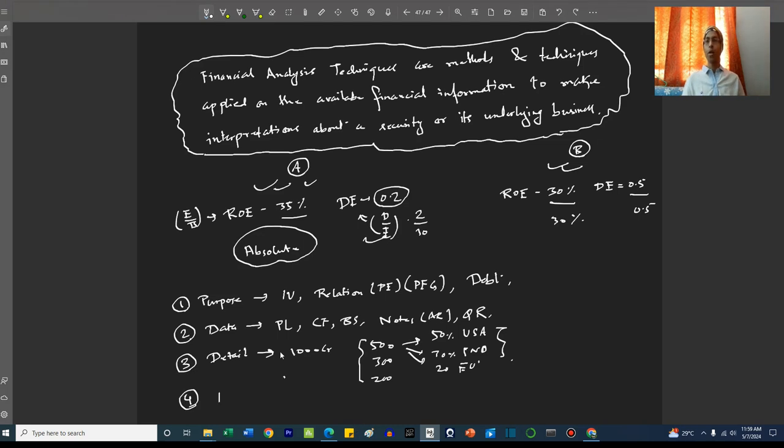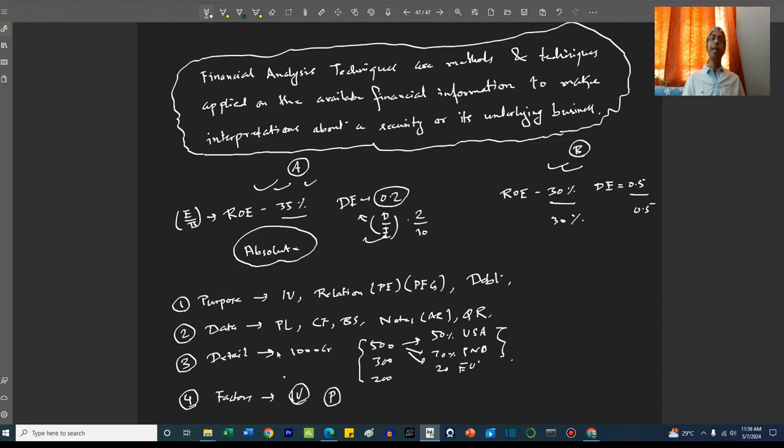The fourth point is, what are the factors that will help us do our required analysis? So for example, if we are trying to find whether a company is overvalued or undervalued, we need to find out the intrinsic value of a company, and we need to find out what is the price of the company at that stage.